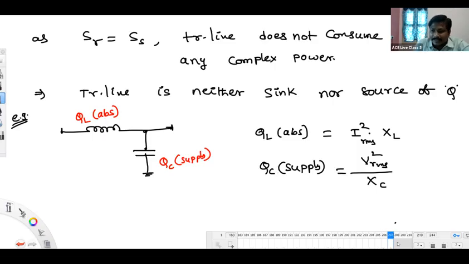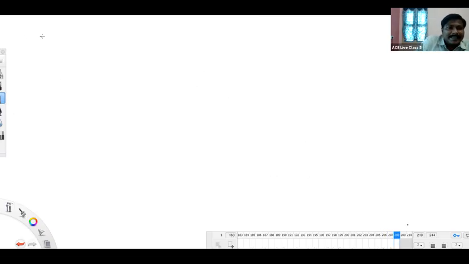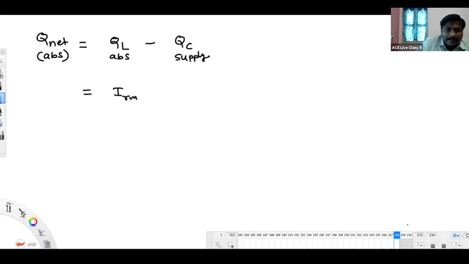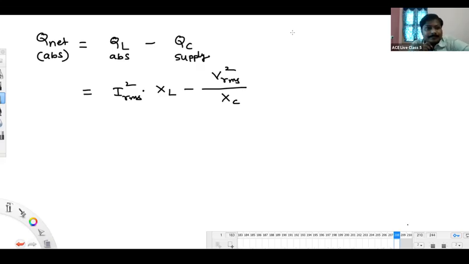So in the next slide, the net reactive power absorbed by the transmission line is nothing but QL absorption minus QC supply, which is I RMS square into XL minus V RMS square by XC. That's the net reactive power absorbed by the transmission line.